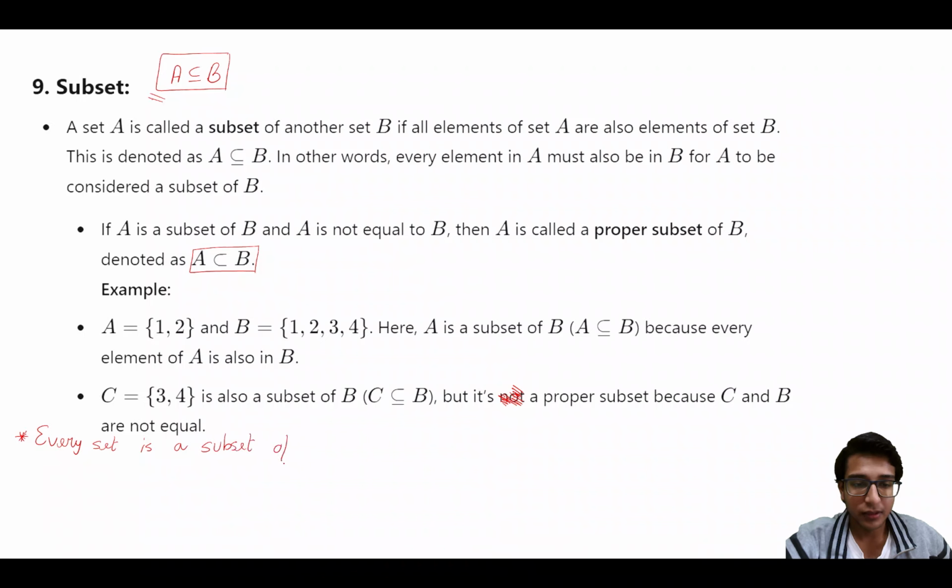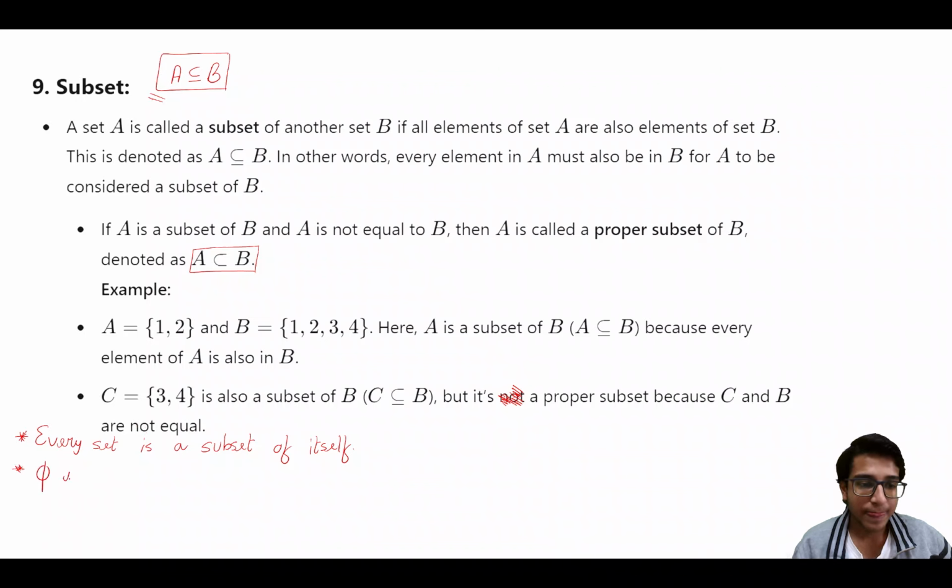Because if I take the same set and consider it to be denoted by another variable, I can say that these two are subsets or supersets of each other, right? Because every element of one set would belong to the other set. So we can say every set is a subset of itself.